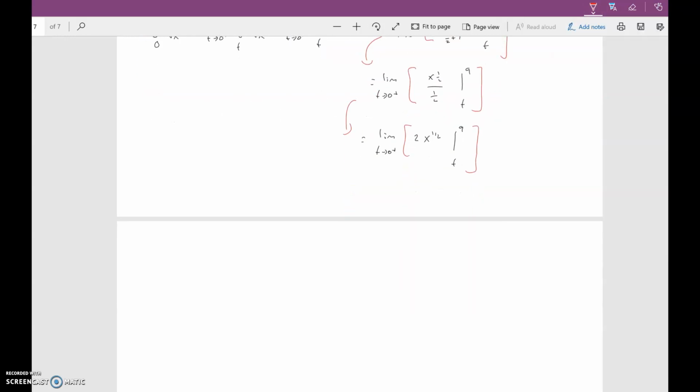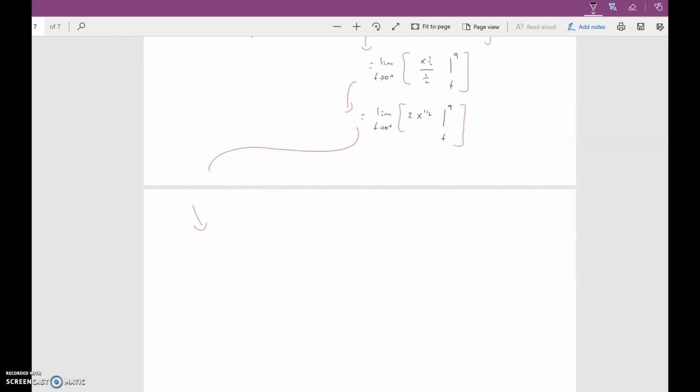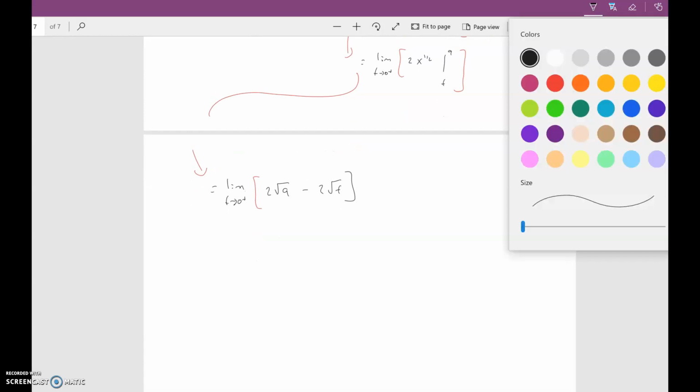Okay, so let me evaluate the limit, and then we'll summarize it. We still have that this is equal to the limit as t approaches 0 from the positives. Evaluating the limits of integration gives us 2 square root of 9 minus 2 square root of t. The first one is just going to be a constant, but let me break it apart.